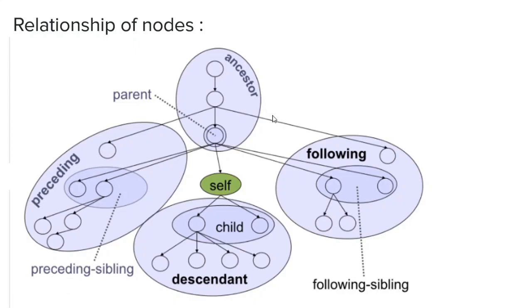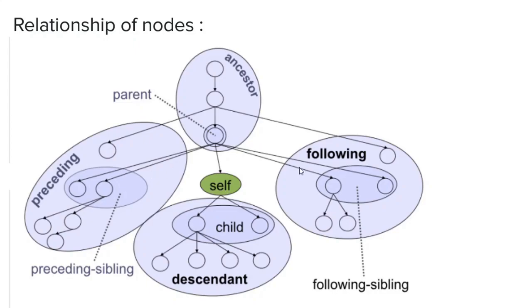Out of these nodes, we have to consider any one as a self node or context node. Now let's say I am considering one node as a context node, and by using this context node we can find out various nodes' locations by using XPath axes. Now how are they related to each other?